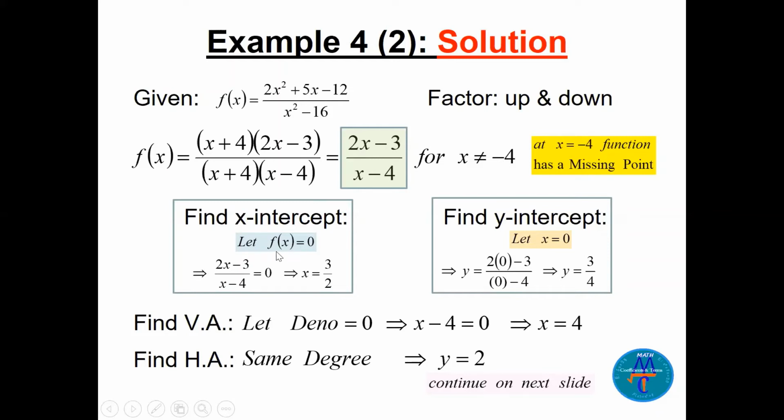Now, x-intercept, let y equal 0 in the new function. Y-intercept, let x equal 0 in the new function. The vertical asymptote in the new function is the denominator, so x will be 4. For finding the horizontal in the new function, y is equal to the leading over the leading coefficient, so y will be 2.